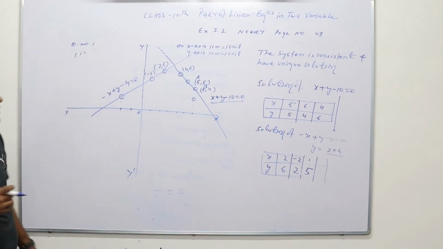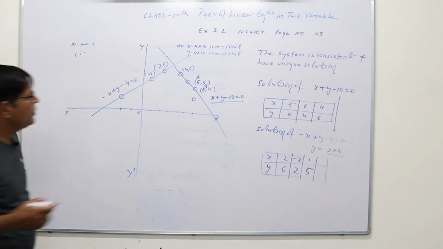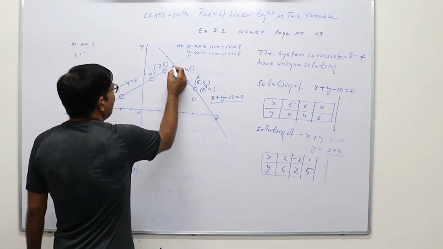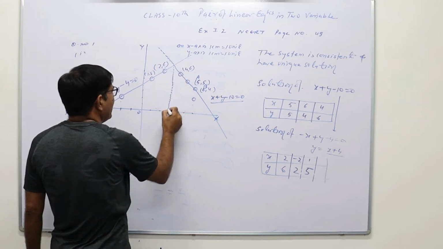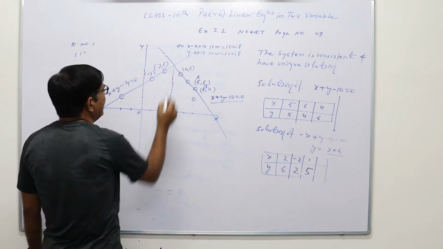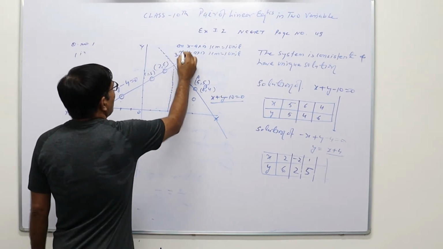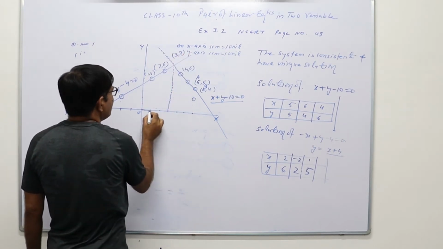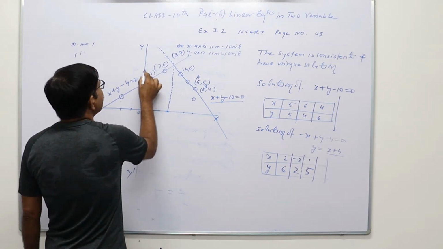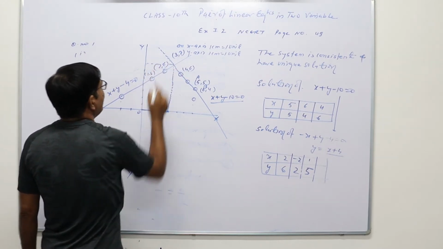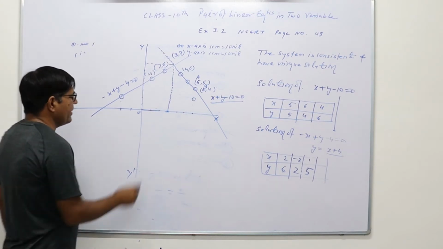Now the common point will be (3, 7). How will we find it? We will draw a perpendicular from the point where these two lines are intersecting. So this will be (3, 7), because on the x-axis it is 1, 2, 3 and on the y-axis 1, 2, 3, 4, 5, 6 and 7.